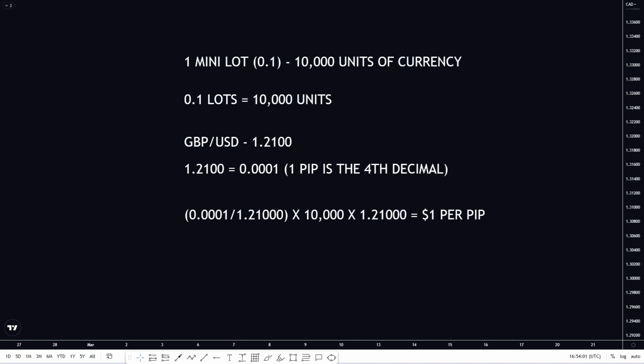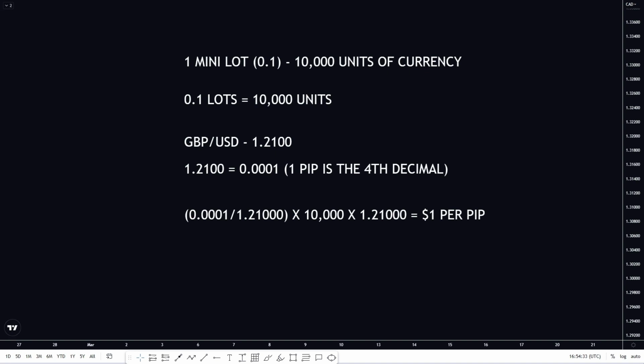And if you put that into a calculator, you should receive a value of $1. Now this means that for every 0.1 lot size on a pair such as pound dollar, we are moving at a rate of $1 per pip. That's quite a simple translation from 0.1 lot size representing $1 per pip.